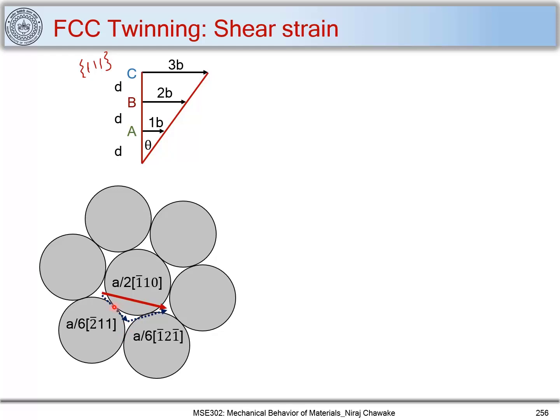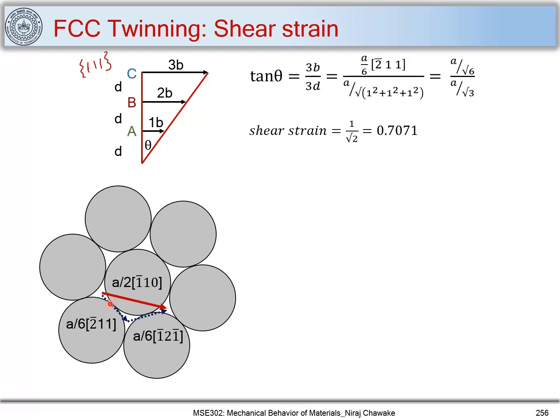So what will be the strain which is being accommodated when twinning occurs in a material? You can see that tan theta can be written as 3b upon 3d, where b is the Burgers vector, which is the Shockley partial a/6 [-2 1 1].